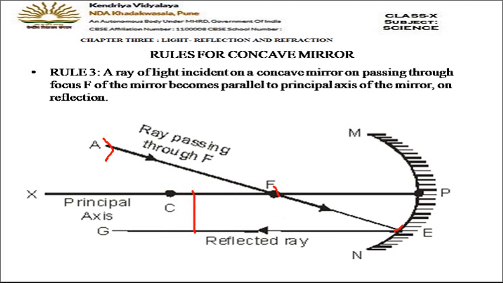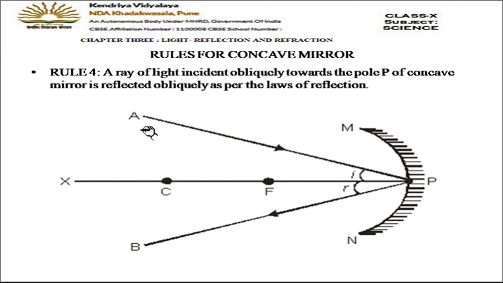Okay. Now rule number 4. Now whenever a ray of light is incident obliquely, meaning making an angle with the principal axis, here you can see this is the angle formed, angle I. This angle is formed by the incident ray, which is called the angle I. Now when it falls obliquely on the mirror at pole P, after reflection it makes an angle again with the principal axis.